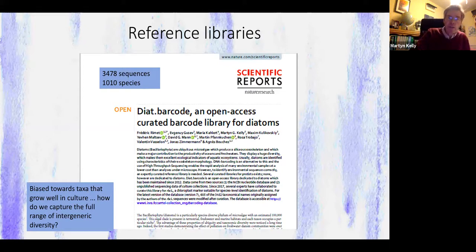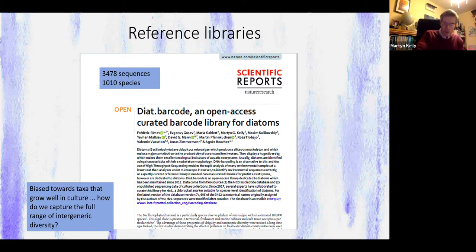Diat.barcode is biased towards taxa that grow well in culture, those that grow easily under lab conditions. We could say it is biased towards weeds, perhaps. And having used the term weeds, the problem is one of diatom horticulture rather than necessarily taxonomy or genomics. How do you get the more slow growing things to come on in culture?